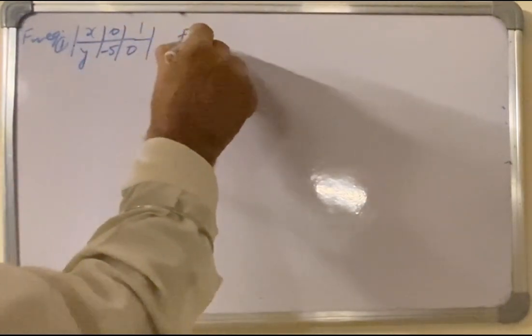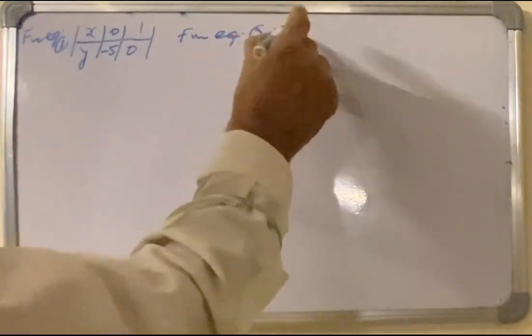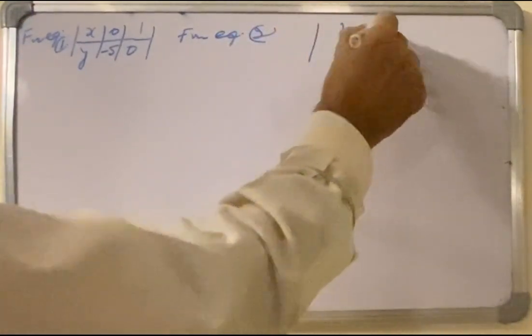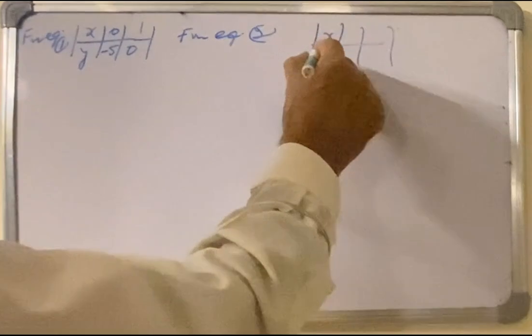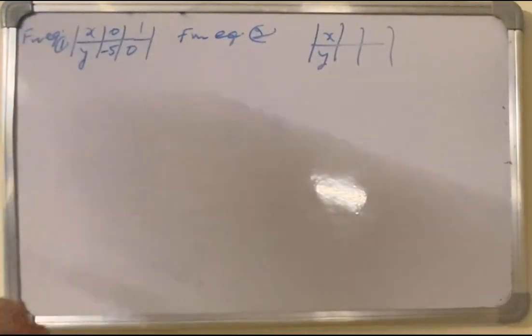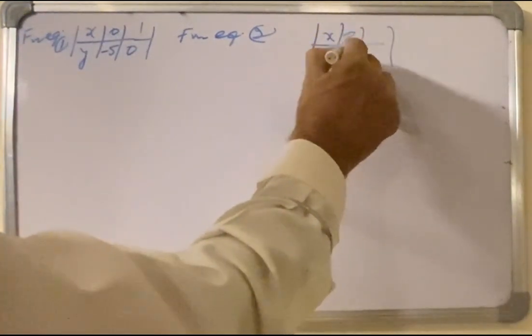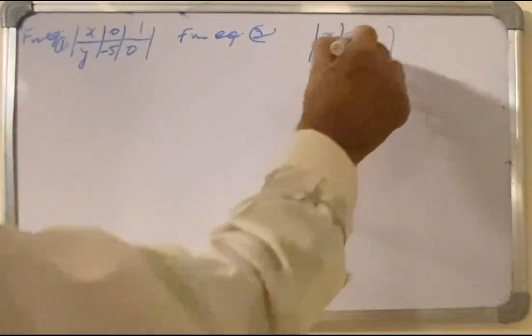Similarly, for equation 2, x is 0, y is minus 3, y is 0, x is 1.